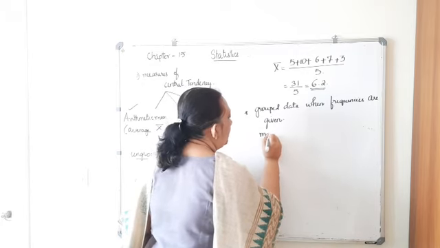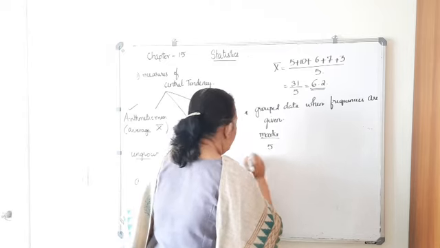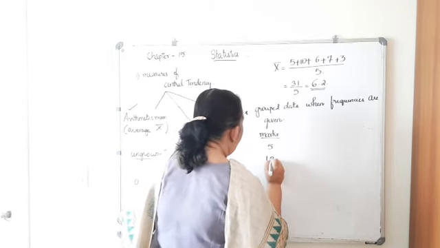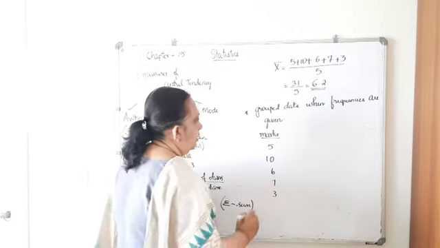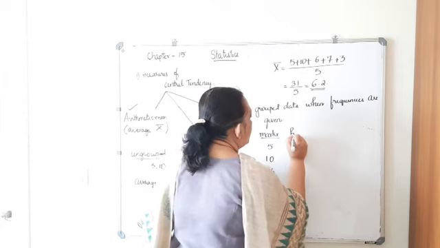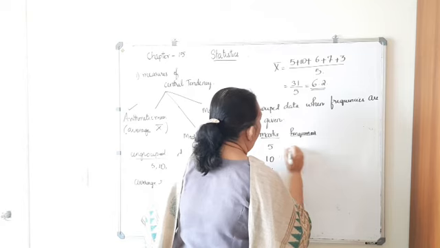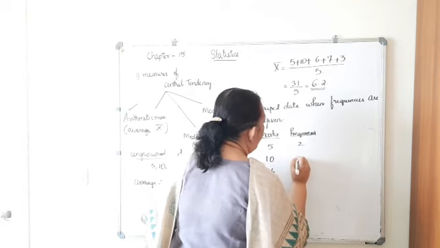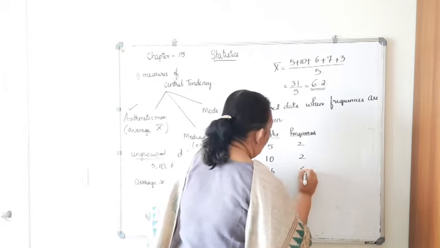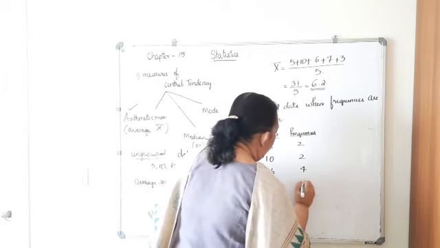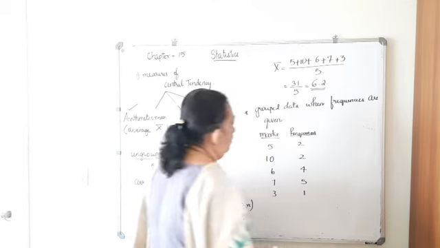Suppose it is marks, the same example I am taking: 5, 10, 6, 7, 3, and the frequencies: 5 is 2, 10 is 2, 6 is 4, 7 is 5, 3 is 1 student.